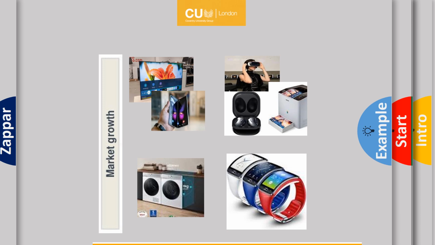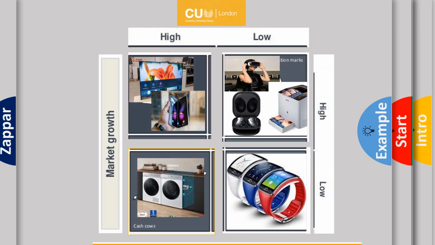But then should you actually get rid of these smart watches? Because one could say that if you got rid of these smart watches, then the link between their mobiles and the smart watches could actually have a negative effect on their mobile phones, because people could be buying the Samsung mobiles because they've got a smart watch.